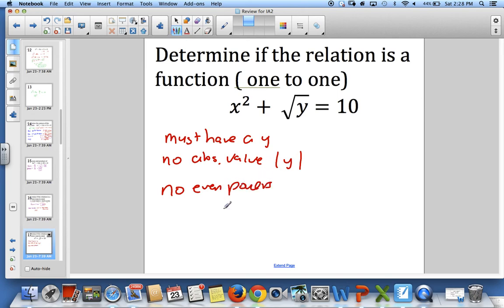Basically y squared, y to the fourth. If it has any of those, it's not a function. So I look at this and ask, does it have any of those? This is a square root. That's okay. It just can't have an even power. So that's perfect. So yes, a function.